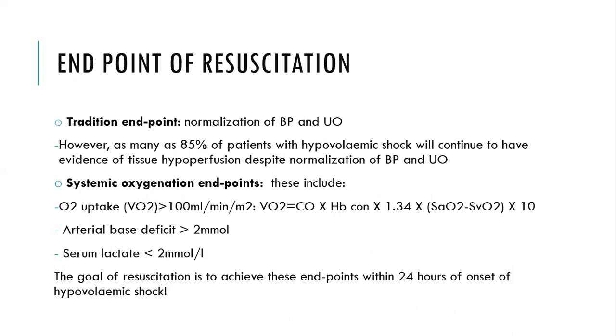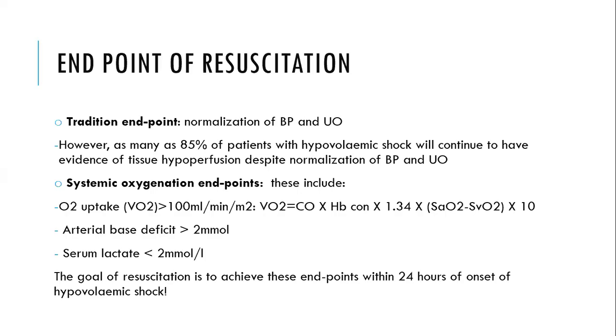So the fact that blood pressure is normalized and urine output is now more than 0.5 mL per kg per hour, you don't want to go to sleep thinking that you have resuscitated the patient. No, about 85% of those patients with normalized blood pressure and urine output will continue to have evidence of tissue hypoperfusion.